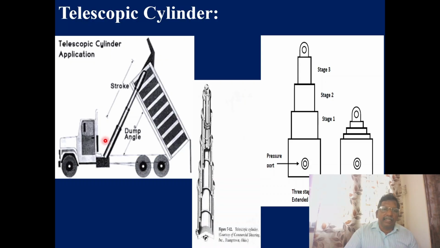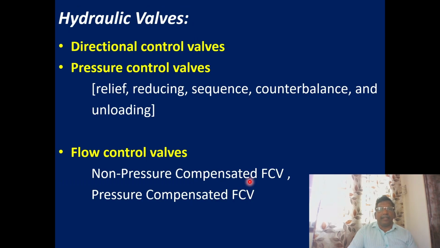For example, in the first phase it acts as a cylinder and the next cylinder acts as a piston. Then in the second phase, the third cylinder acts as a piston. In the third phase, the fourth cylinder acts as a piston. So we will get different stages: 3 stages, 4 stages, 5 stages we are having. If you want to extend the position of this cylinder, or long stroke units, you can go for telescoping. So that is one type of cylinder.